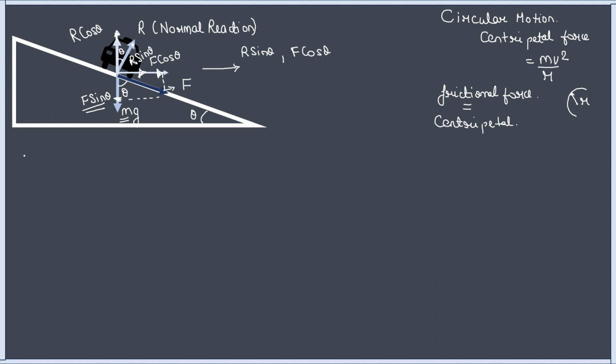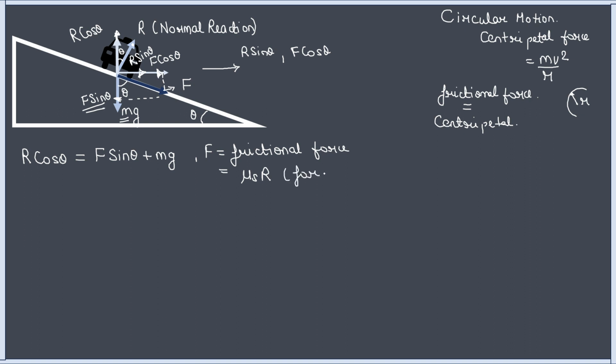From the figure we can write r cos theta is equal to f sin theta plus mg, where f is the frictional force, which is equal to mu s into r for the maximum velocity to be achieved.